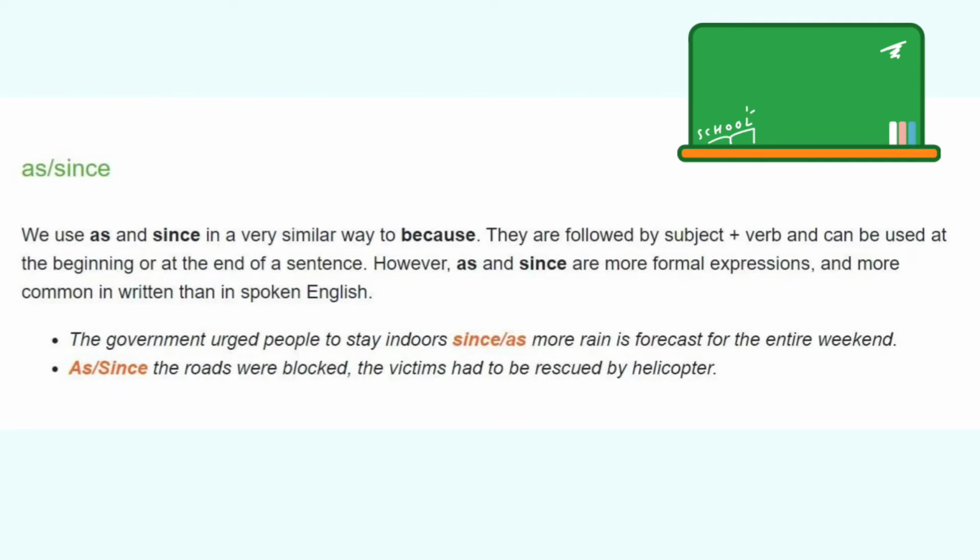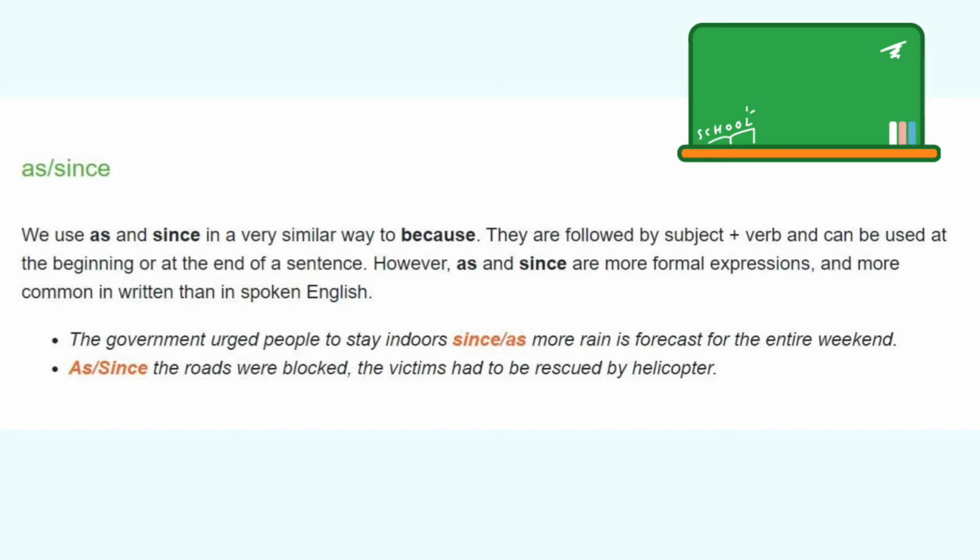We use as and since in a very similar way to because. They are followed by subject plus verb and can be used at the beginning or at the end of a sentence. However, as and since are more formal expressions and more common in written than in spoken English.